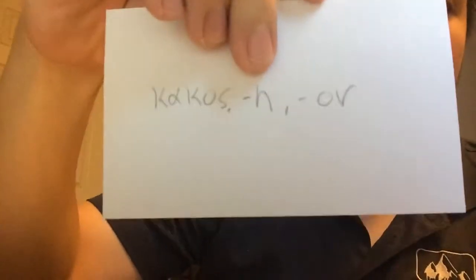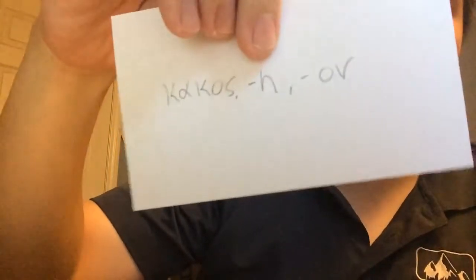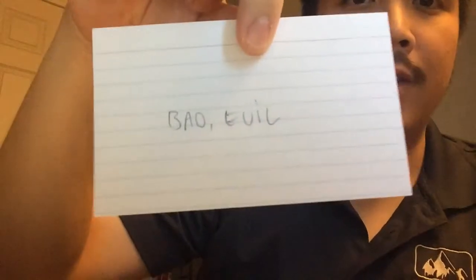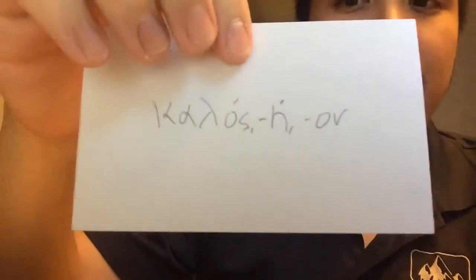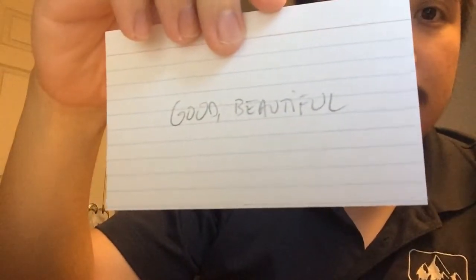Kakos, kake, kakon. Bad or evil. Kalos, kale, kalon. Think kaleidoscope. Good or beautiful.